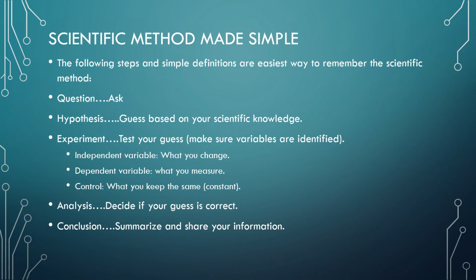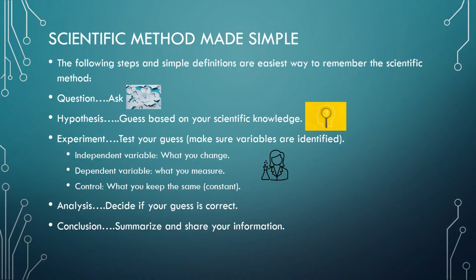So again, the following steps are the simplest definitions I can use to help you remember the scientific method. First, you basically ask the question, then you guess based on your scientific knowledge what you will be doing to what you will be eventually getting to at the end of your testing, which is called a hypothesis.